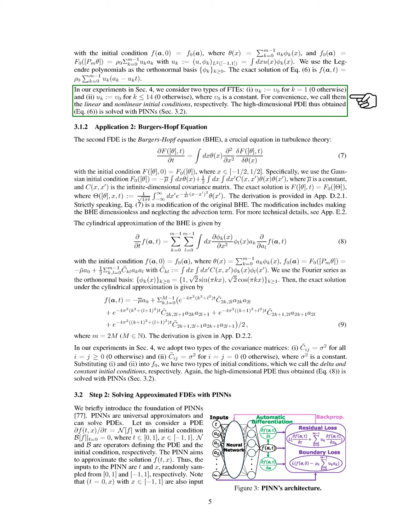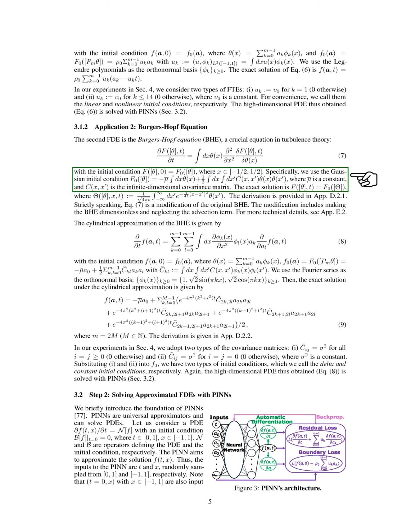For our experiments, we consider two types of covariance matrices, one where the covariance is a constant for all indices and 0 otherwise, and another where the covariance is a constant only for the first index. We refer to these as the delta and constant initial conditions, respectively. Again, we solve the resulting high-dimensional PDE using PINNs.